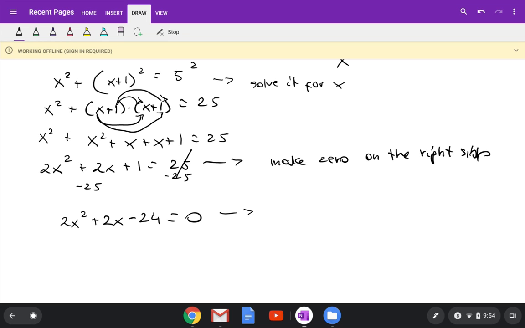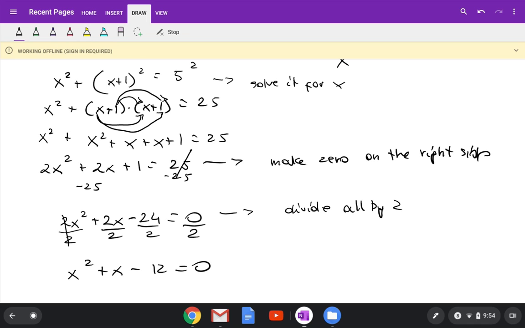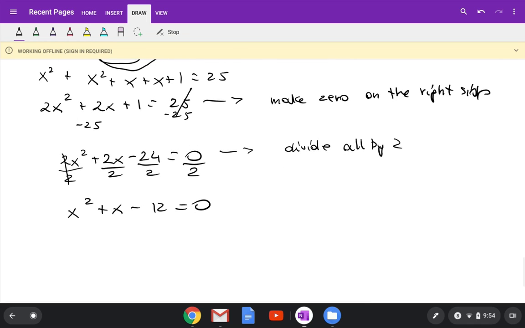To shrink that a little bit, I will divide all by 2, since I have all even numbers. So you have x squared plus x minus 12 equals 0. And next, solve it by factoring. Factor using the AC method.